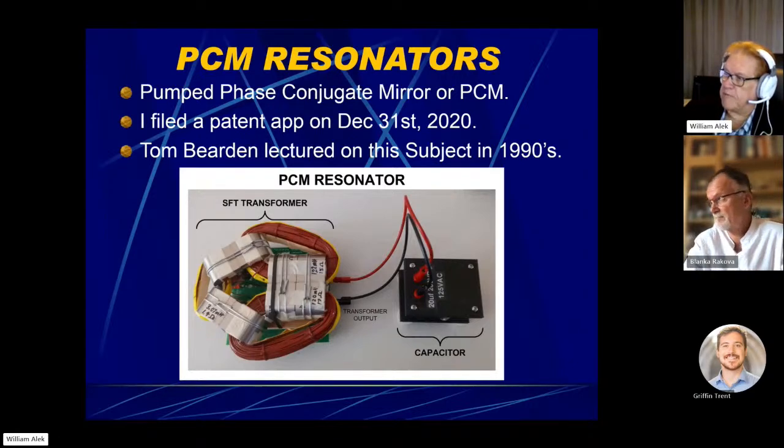So what you end up with is what Tom calls a pumped phase conjugate mirror on this device, or a PCM. And then I ended up filing a patent on this type of device configuration here back in 2020. And Bearden lectured on this subject quite a bit in the 1990s.